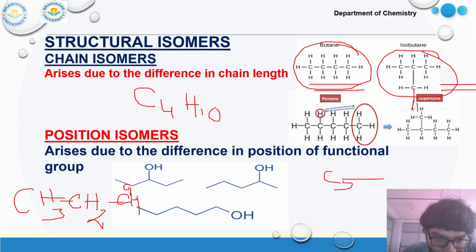C5. How many hydrogens? Counting them up gives 12. So they have the formula C5H12O.